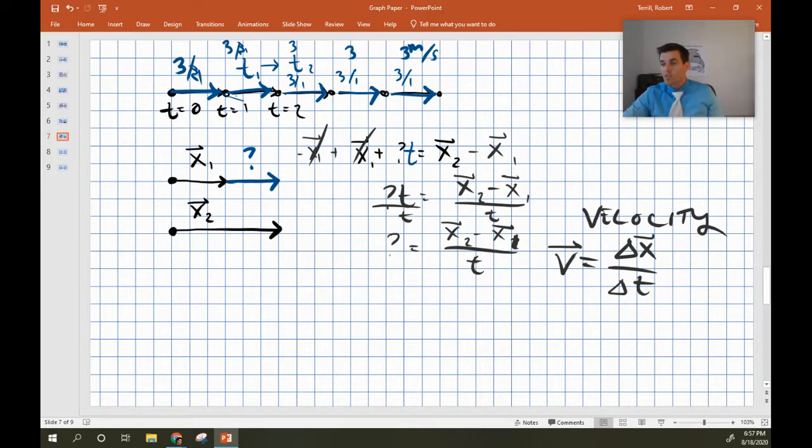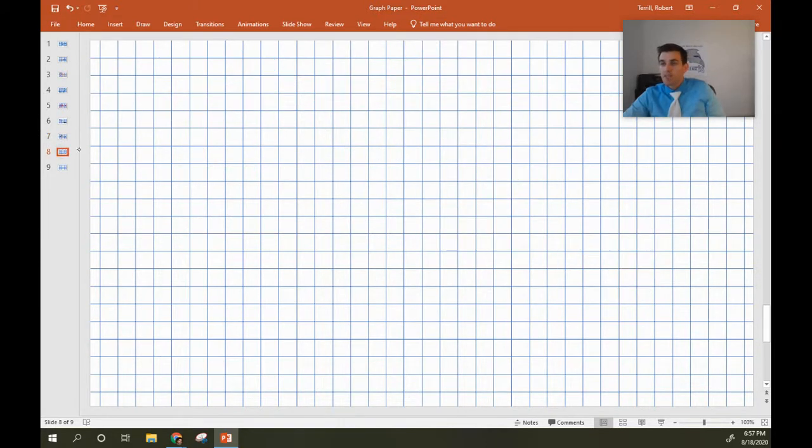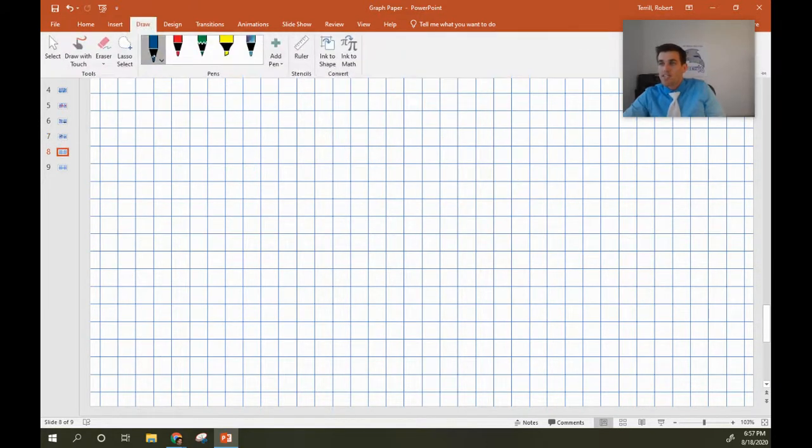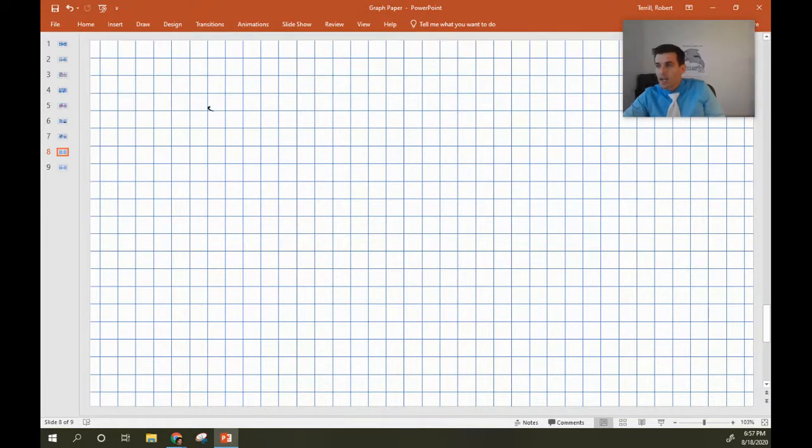We can go one more step with this though, if we try this with a slightly different drawing. Let's start from 4, 3, 2, 1. So I have a vector going from there to there, there to there, there to there, and then just a little bitty one.